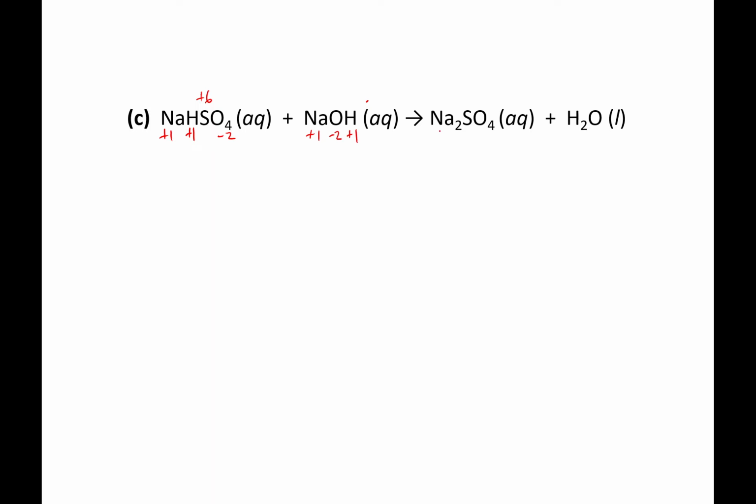Okay, sodium in sodium sulfate is a +1. Oxygen's -2. Sulfur again has to be a +6. And in H2O, hydrogens are +1, oxygen is -2. Okay, so in this case, we don't have any species that are changing oxidation number. So again, this is not a redox reaction.